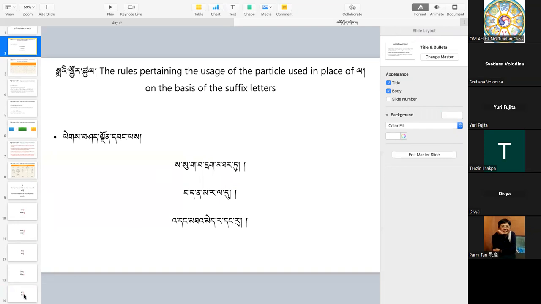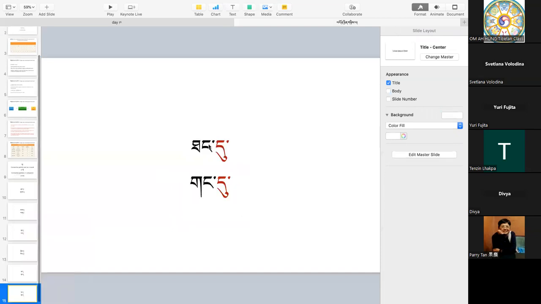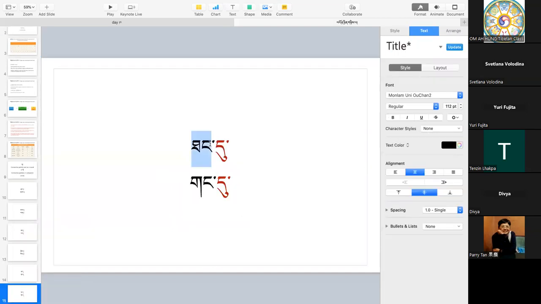Ta. Similarly, if it has the suffix ta: ke, tu. Pe, tu. Ke, which means the sound. Pe, which means the bottom. Since it has the suffix letter ta, it will be followed by tu.